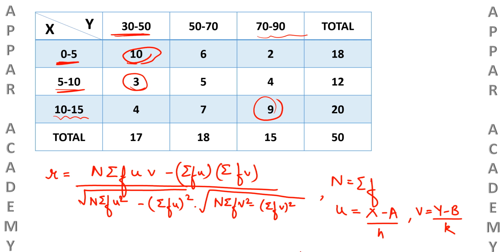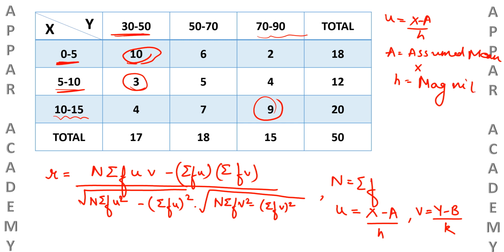Let us discuss first why we are using this u and v. u is equal to x minus a upon h. What is a? a is the assumed mean. This is not the actual mean; this is the assumed mean for x. And what is h? h is just a magnitude. Why are we doing it?